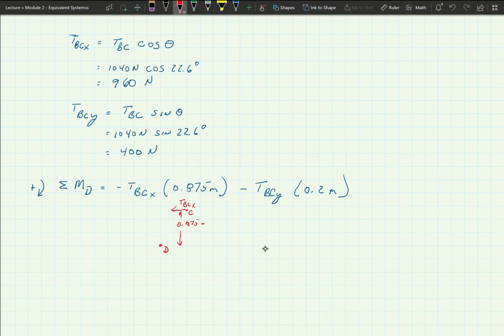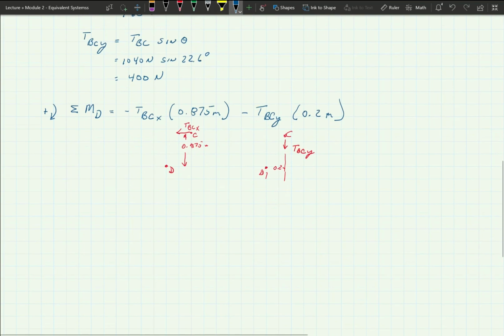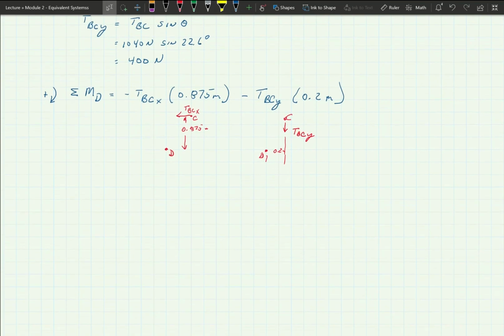And this one, D's here, C's there, and we're looking at TBCY here, and from D to C is 0.2 meters. Okay, and that's the distance between here and there. So that's where that came from. Hopefully you see that same picture the way I see it. If not, ask some questions, be glad to help answer it.